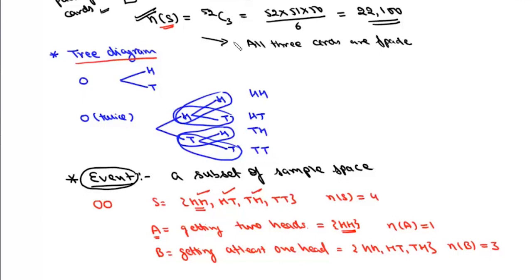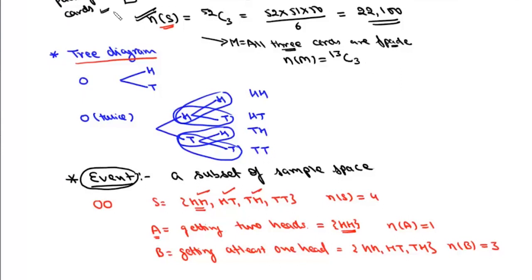Suppose this is some event, say M. We need to find the number of elements in this event set M. We have to choose 3 cards, and they must be spade. In a deck of 52 cards, we have 13 spades, and from these 13 we have to select 3 cards, and it can be done in 13C3 ways.